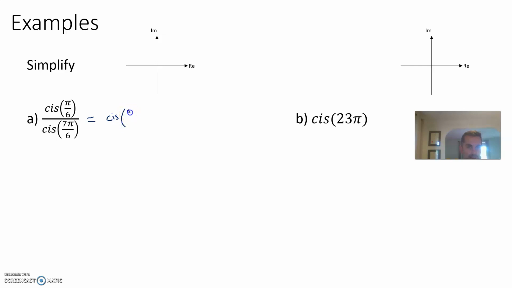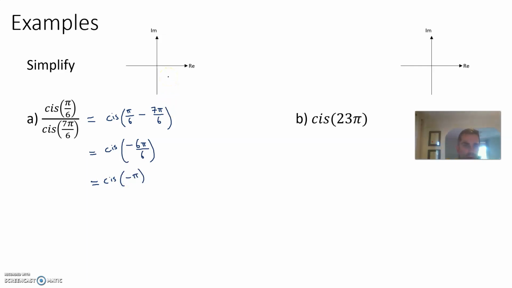So that's going to be the cis of pi over 6 minus 7 pi over 6. And if we do that subtraction, we get cis of negative 6 pi over 6. Now you might notice that simplifies down to the cis of negative pi.